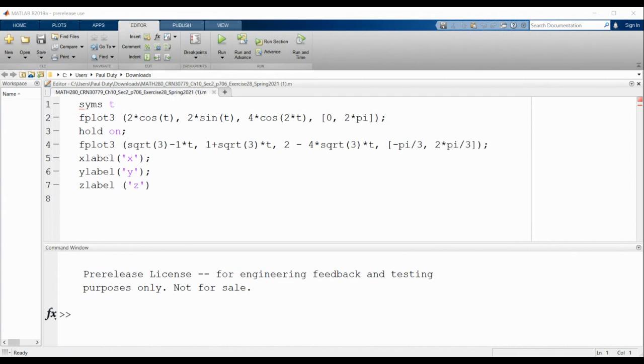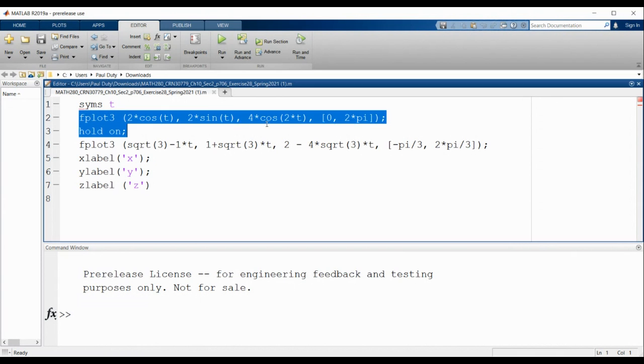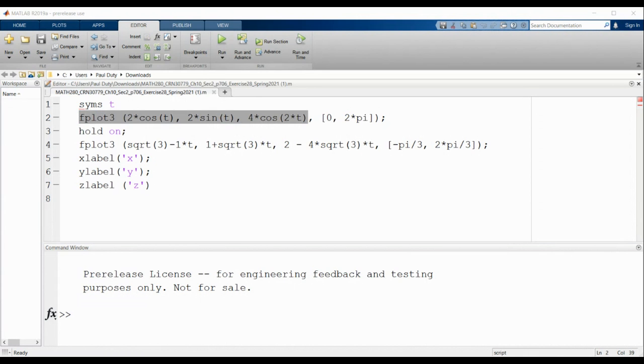What I do is type in the parametric equations for my space curve, and I'm going to graph the space curve from 0 to 2 pi.